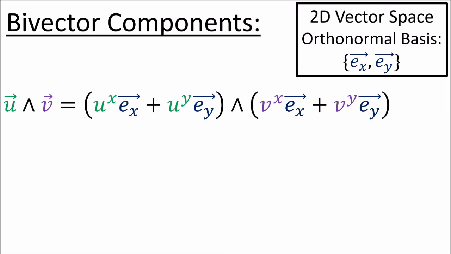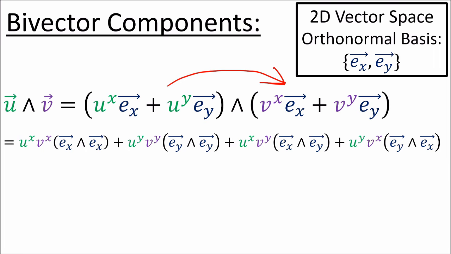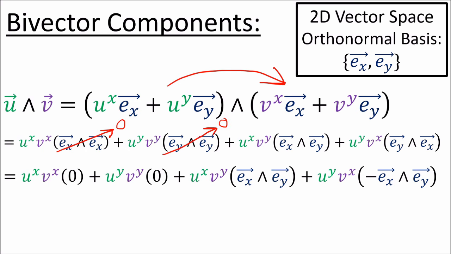We can write u and v as linear combinations of the basis vectors, then distribute over the wedge product to get 4 terms: first, outer, inner, last. The ex wedge ex and ey wedge ey terms go to 0, and we can rewrite ey wedge ex as negative ex wedge ey, using the anti-commutativity of the wedge product.